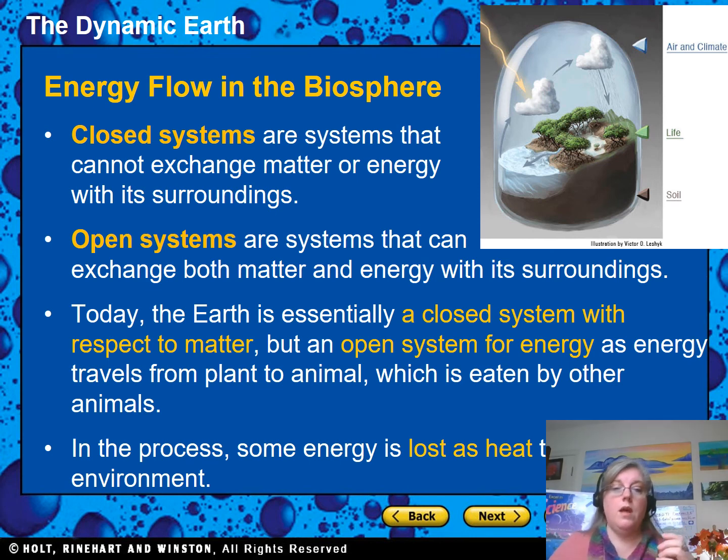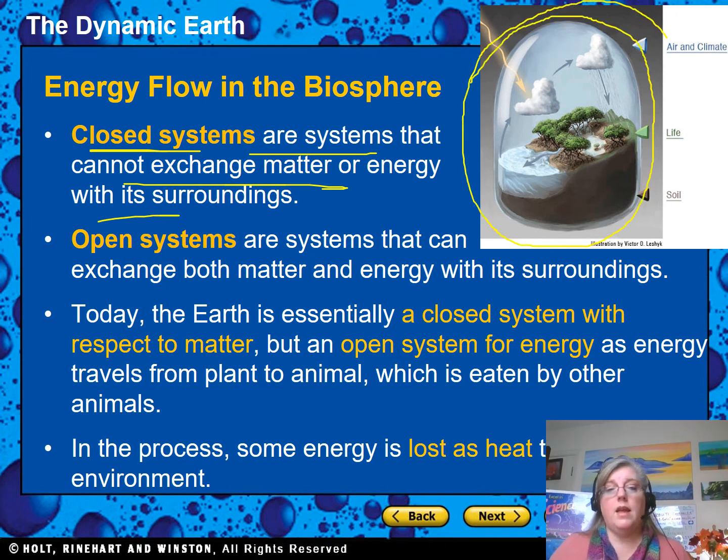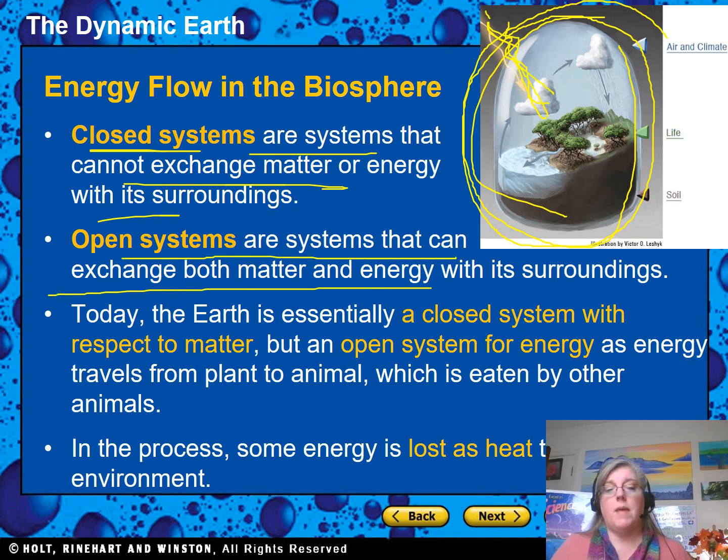All right, so when we talk about these systems, let me get this yellow. Okay, so closed systems are systems that cannot exchange matter or energy with the surroundings. See this terrarium? Okay, you can't get anything out, can't add anything back in. The only thing you can add is light. Okay, the light energy is the only thing that can come in. The open systems are systems that can exchange matter and energy, and that's not going to work.